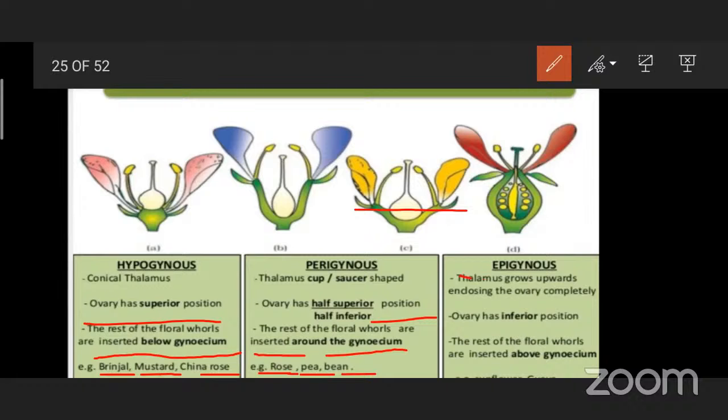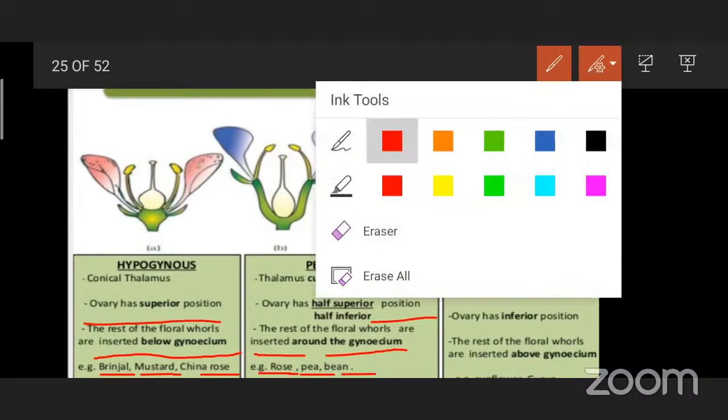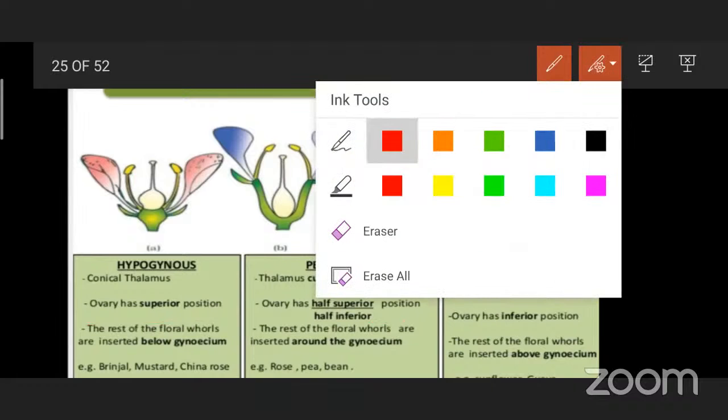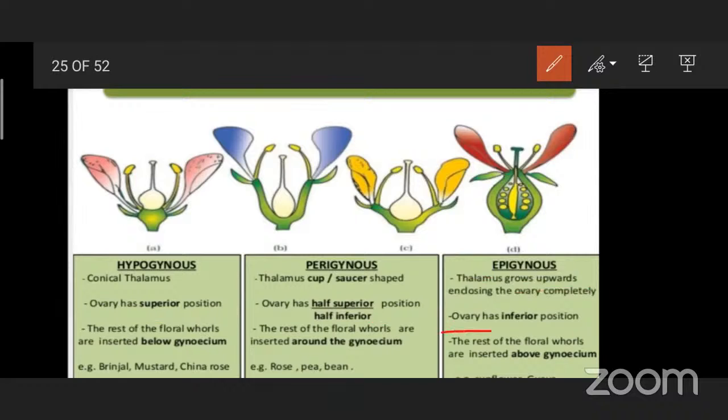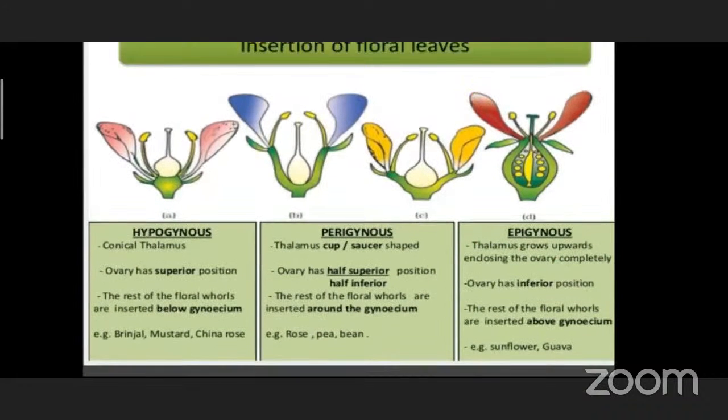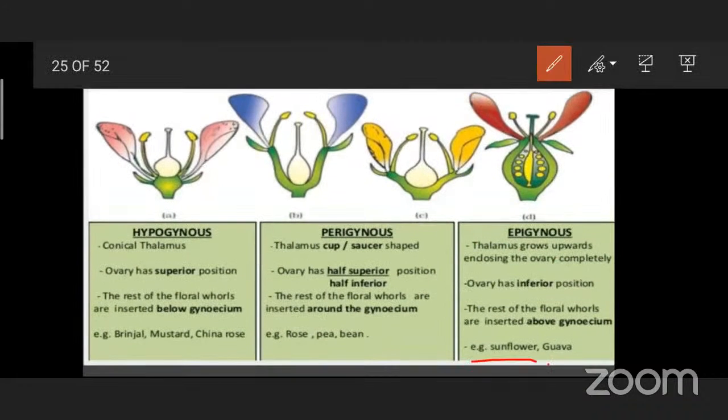And the third one, epigynous. The thalamus grows upward enclosing the ovary completely. The ovary has an inferior position. The rest of the floral whorls are inserted above the gynoecium. Examples, sunflower, guava, or cucumber.